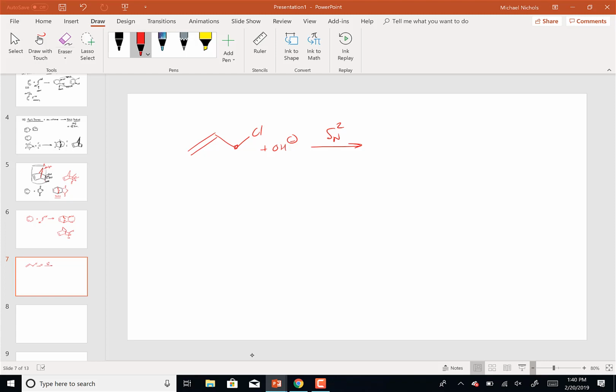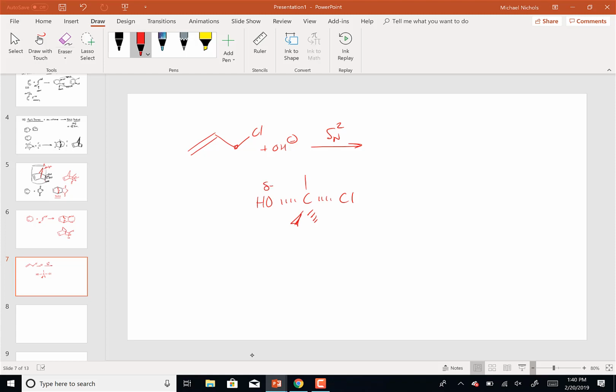What about its effect on SN2? Well, let's write the transition state. So I would have the oxygen coming in and attacking the carbon, kicking off the chlorine, and then I would have my trigonal bipyramidal SN2 transition state. What would the charge on the hydroxide be?